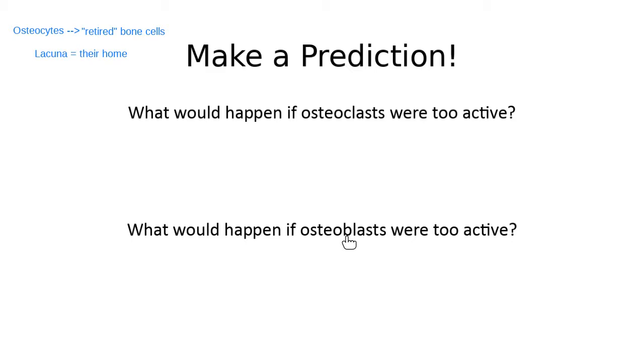When I talk about osteoblasts, what is the job of an osteoblast? Its normal job? Yeah, osteoblasts are my bone builders. Osteoblast equals bone builder. Anytime you see blast, it always means builder.